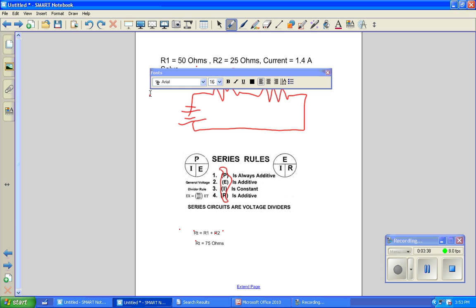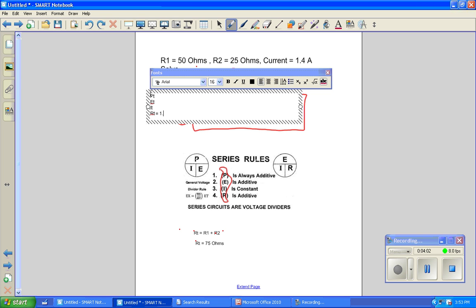You have R1, you have P1 or PT, ET, IT, and RT. And we have RT already, right?